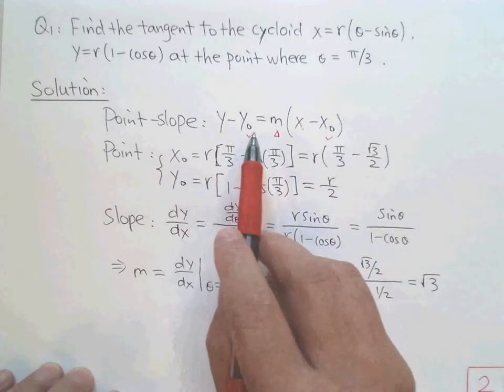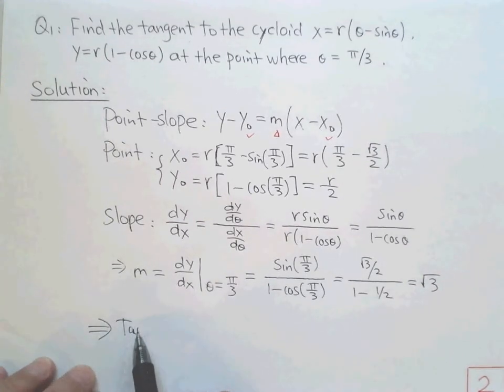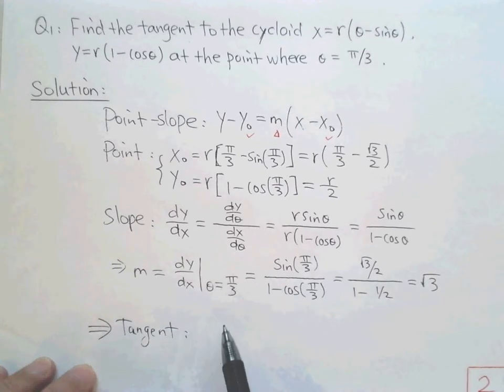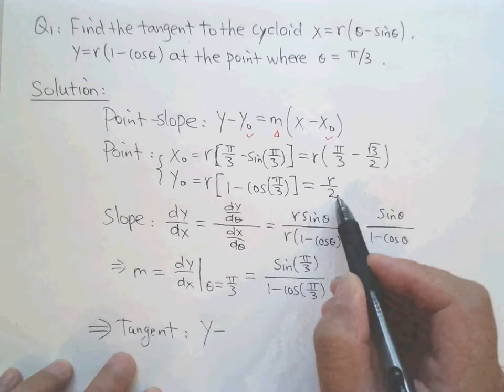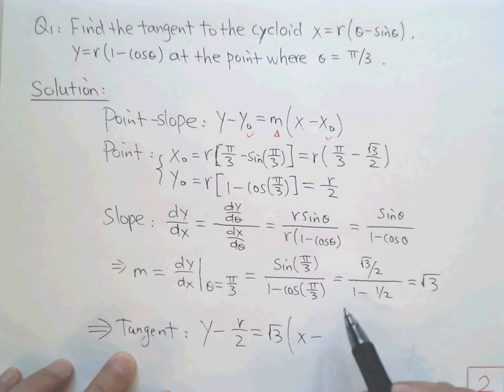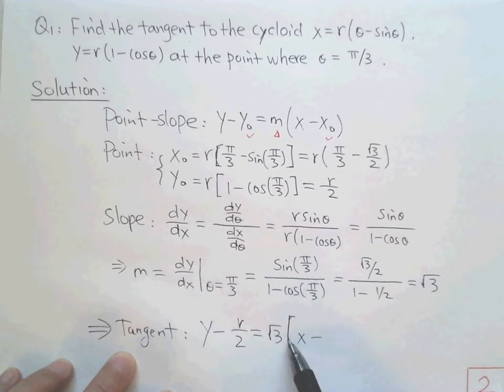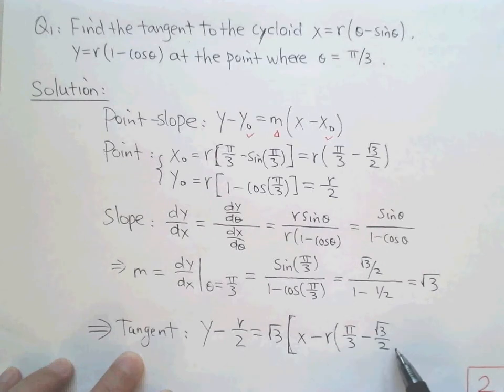Now we have m, we have the point, and so we can write the tangent line equation. By the point-slope form, y minus y0, where y0 is r over 2, equals m, which is square root of 3, times (x minus x0), where x0 is r times (pi over 3 minus square root of 3 over 2).